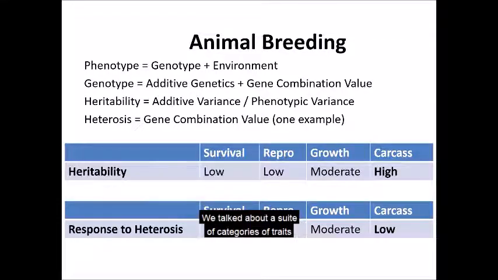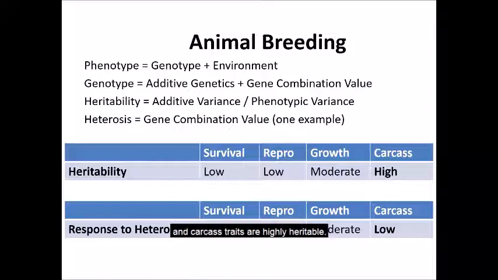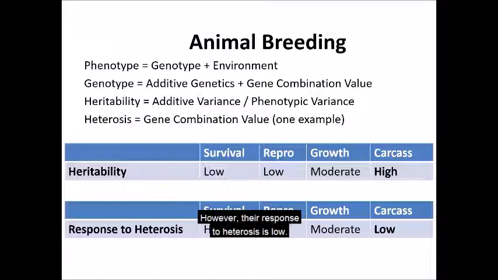Okay, we talked about a suite of categories of traits from survival to carcass. Focus on carcass here on the right-hand side, and carcass traits are highly heritable. However, their response to heterosis is low.